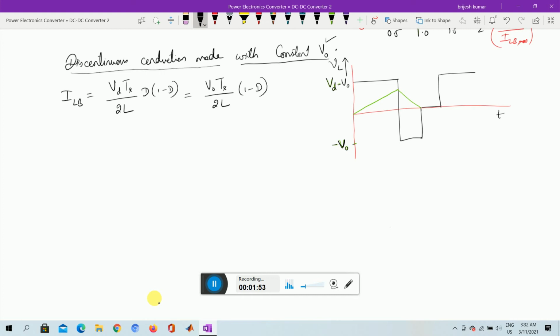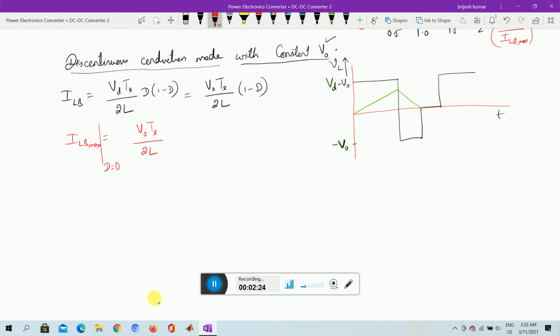So in this case, the value of ILB max will be different, because ILB max will happen when D is equal to 0. Then we have the value of ILB max as V0 TS by 2L. Because we take the derivative with respect to D, at D equal to 0 it will obviously come as 1.